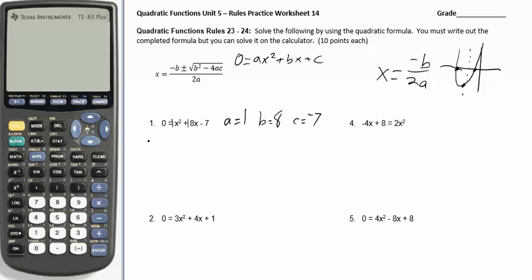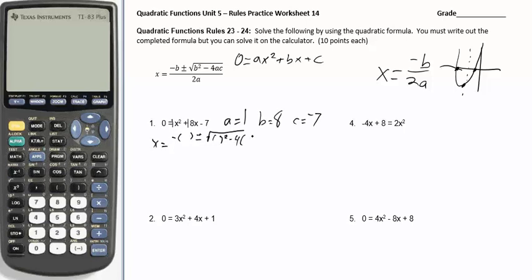So, a couple of ways you can do this. I'm going to go x equals, and you can just write it. Some people like to go ahead and just write the formula with parentheses instead of the variables.